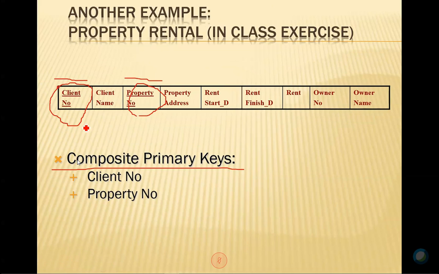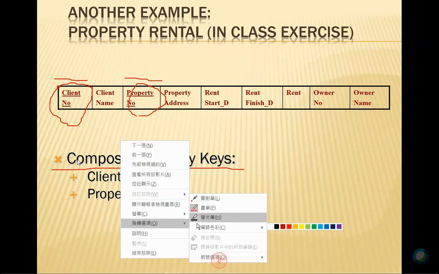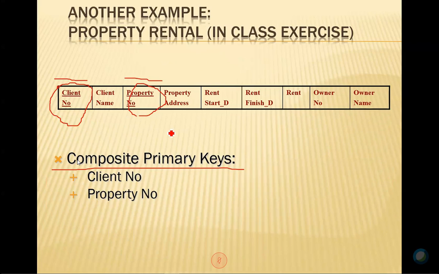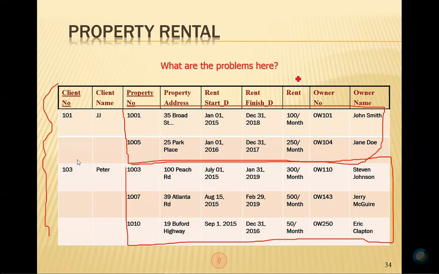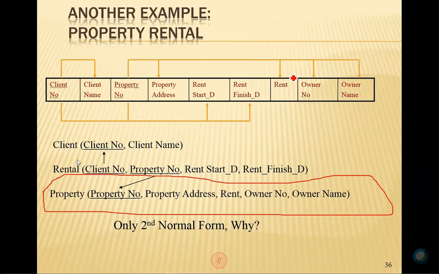It's about property, I think from the last class, about property rental. I also identify the primary keys, property number and client number, and ask you to tell me what the problem is right here. Is it in first normal form, and if not, what's the solution?